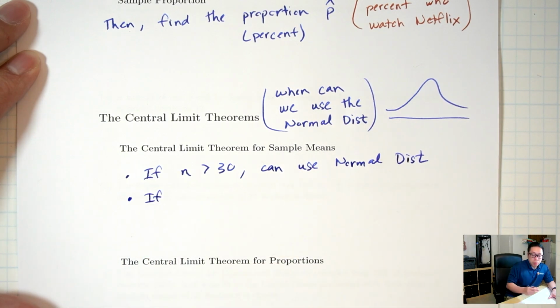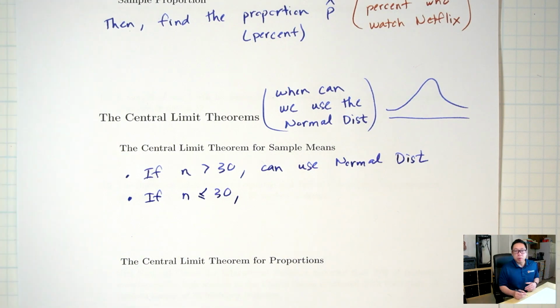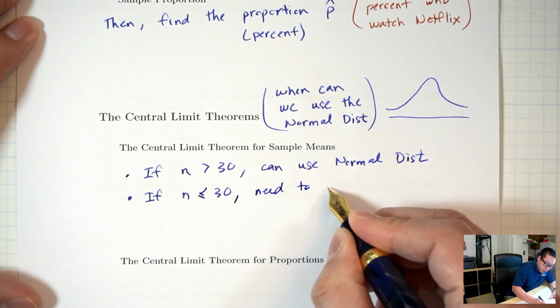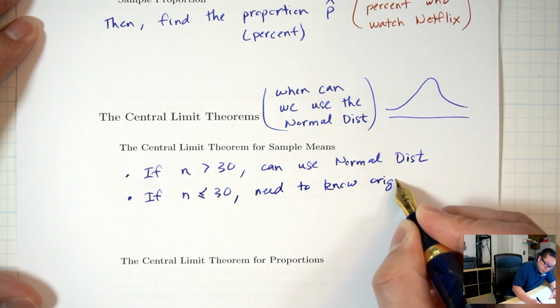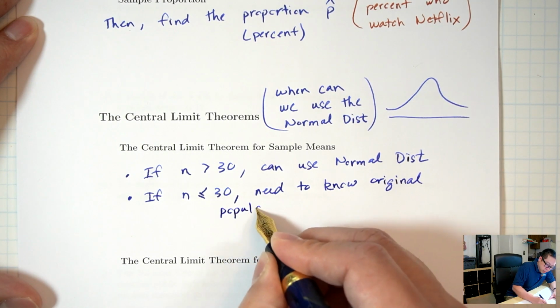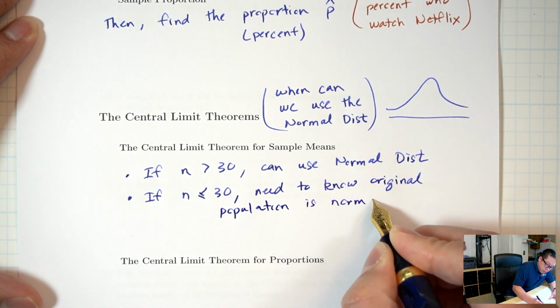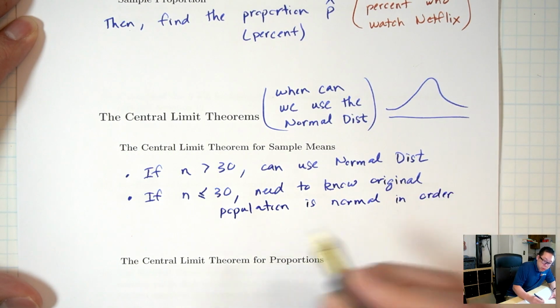If your sample size is small, less than or equal to 30, then we need to know that the original population was normal to begin with in order for us to use the normal distribution.